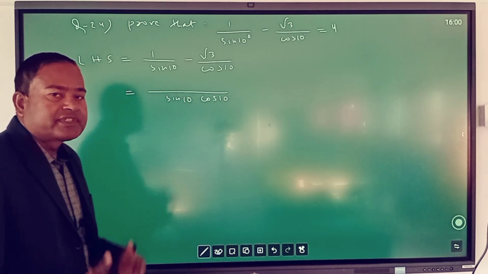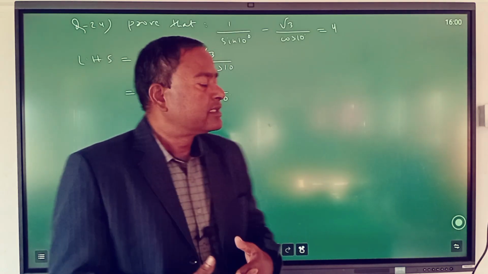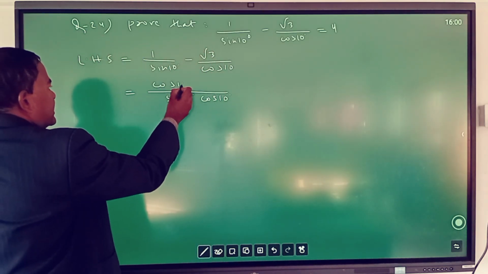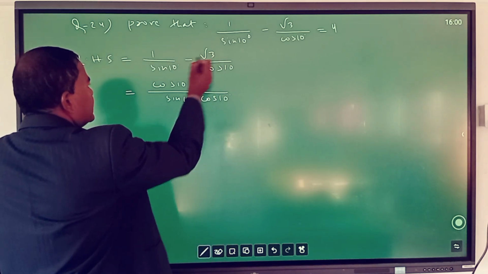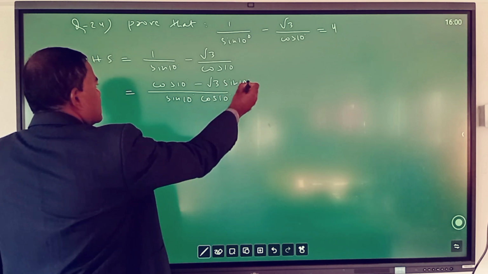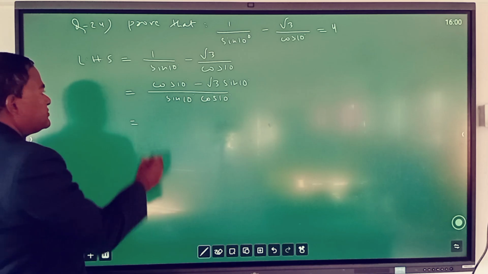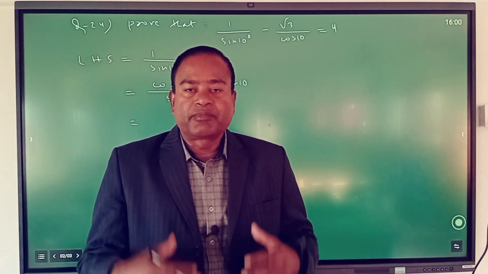So dear students, after taking the LCM, we'll do crisscross. 1 times cos 10 degree, we get cos 10 degree minus root 3 times sin 10 degree, we get root 3 sin 10 degree. Dear students, now in the next step, we need some manipulation.